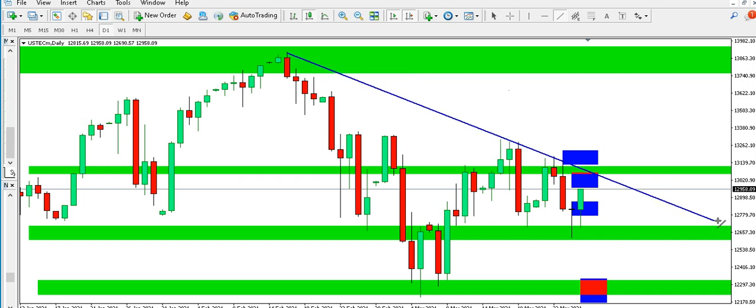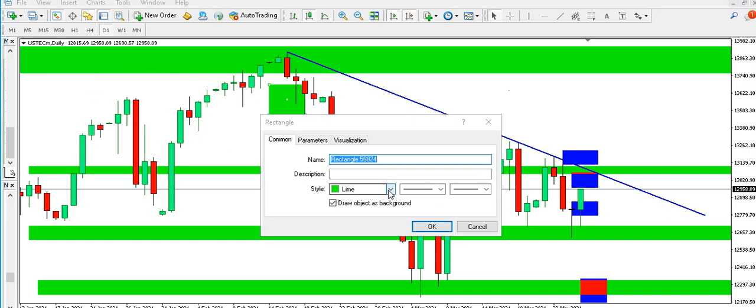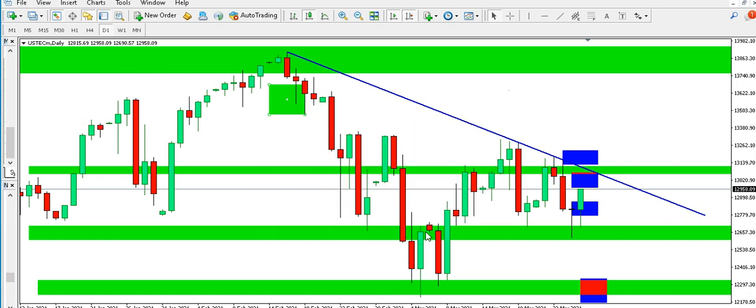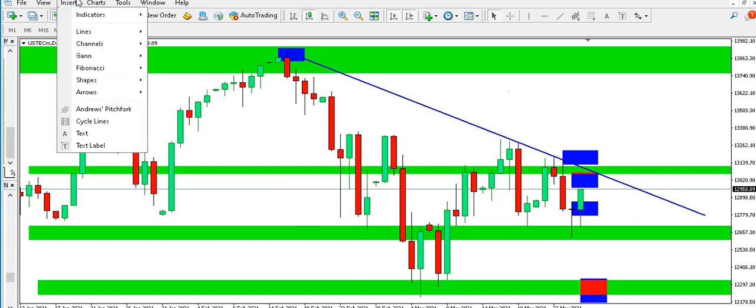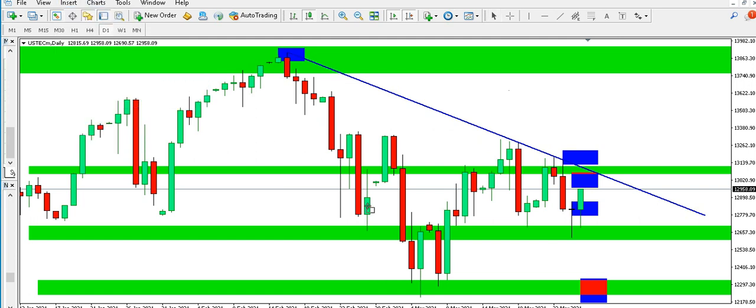Okay, that's that. Then I need to draw the trend line. Okay, I have something like this. Let's change this to red color. Okay, this is the high point. This is a low point.